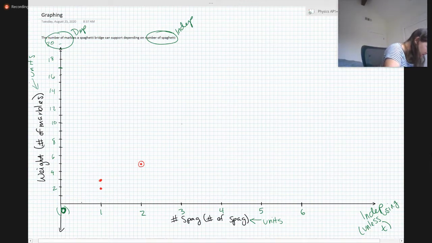For 3, I am here at 11 and 9. For 4, I actually got another one at 11, and then I got one at 12. For 5, I got 15 and 17.